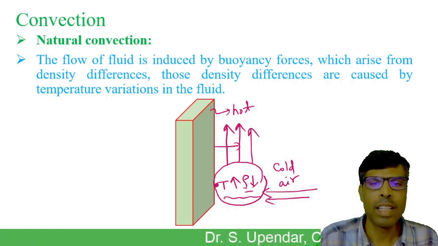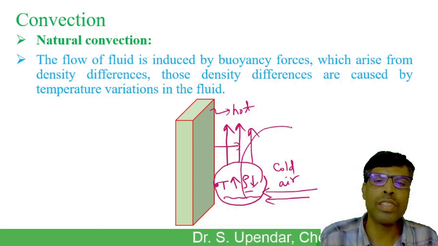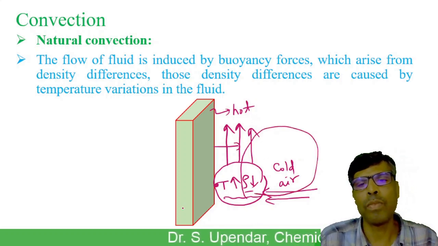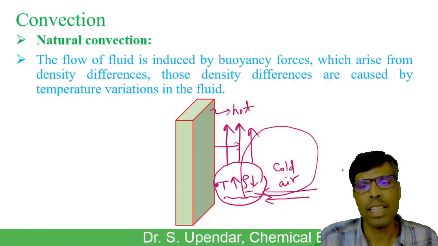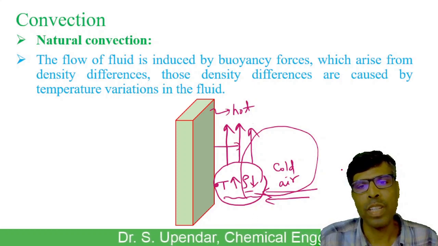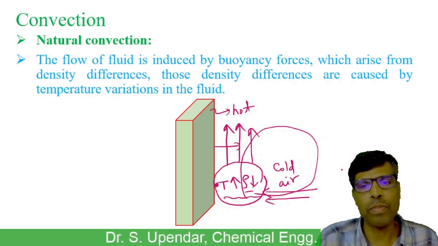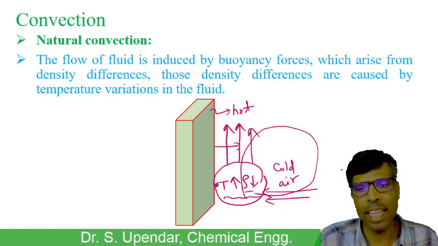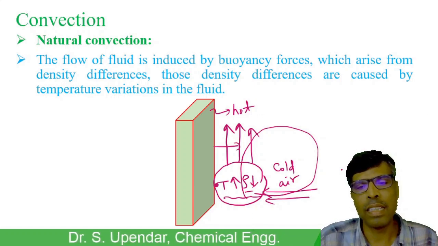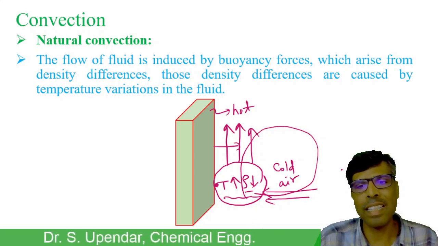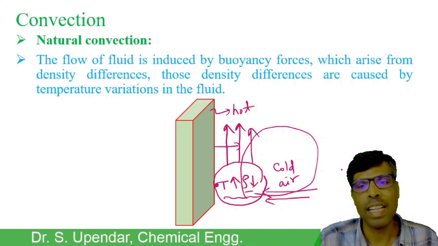This type of circulation during the heat transfer from a hot surface to air is known as natural convection. Here no external force is used for the circulation of air. The movement of air is just because of density differences within the air.